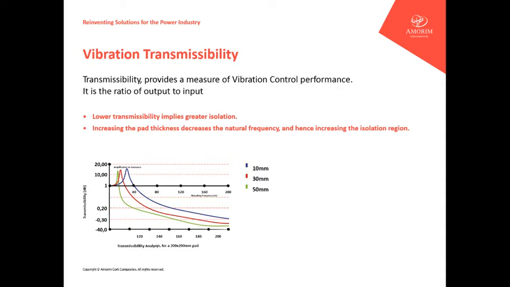Rui, can you just explain something? When you talk about transmissibility, what exactly do those numbers mean on the left-hand side of the curve? Basically it is the ratio of output to input, meaning if the values are below the line, the X, the material will isolate, so it will be reducing the vibration in the transformer.